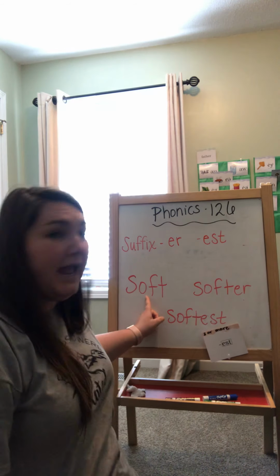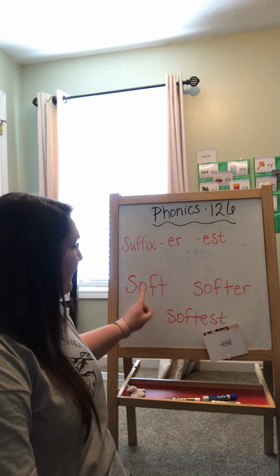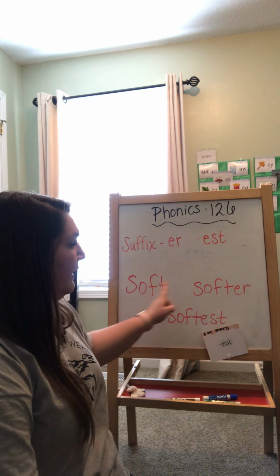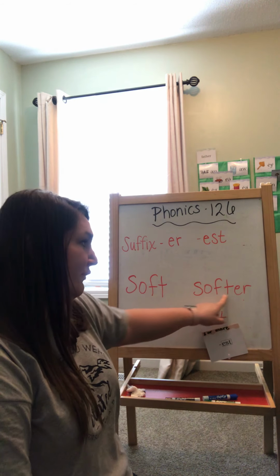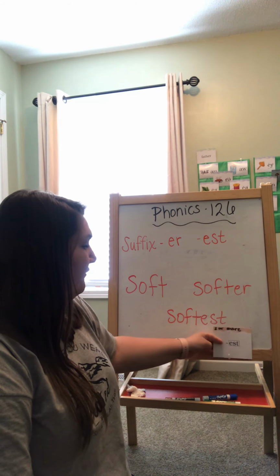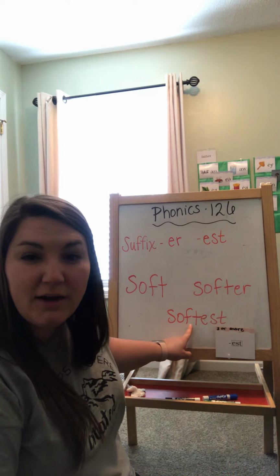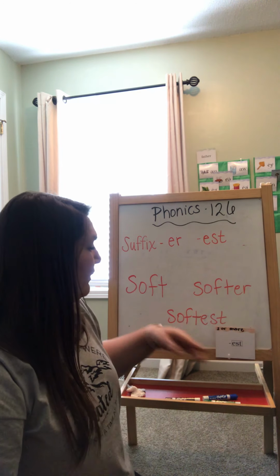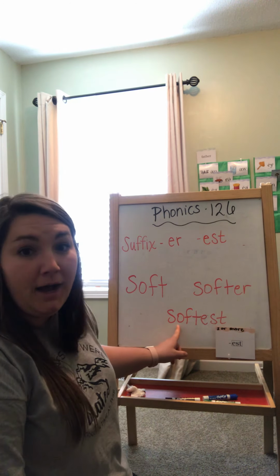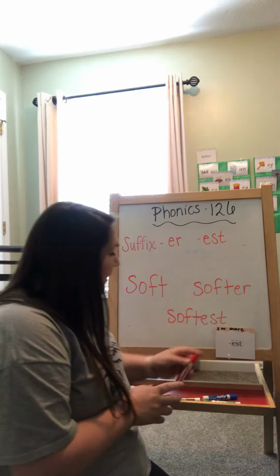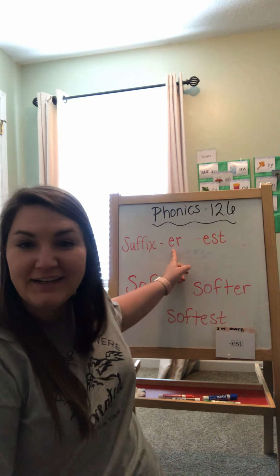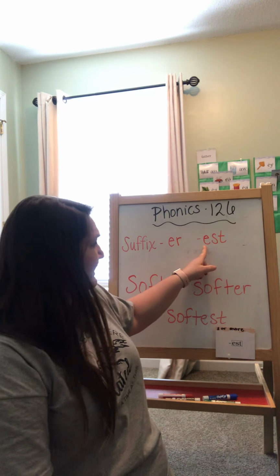In a sentence I might say, I have a soft pillow. My sister has a softer pillow. And for softest, which means I'm comparing three or more things, my mom has the softest pillow. So, the suffixes we're working on this week are suffix er and suffix est.